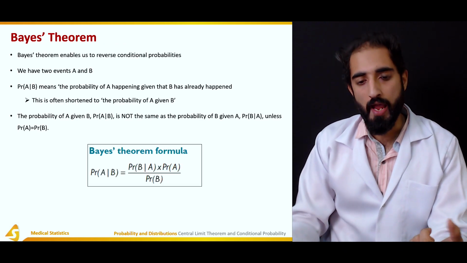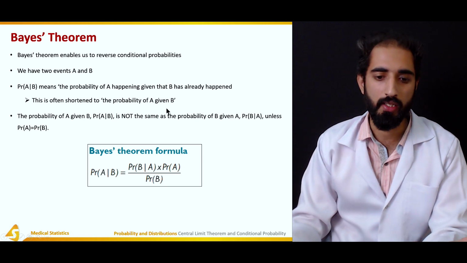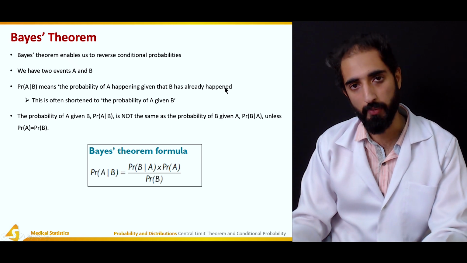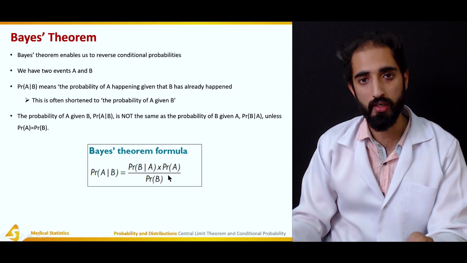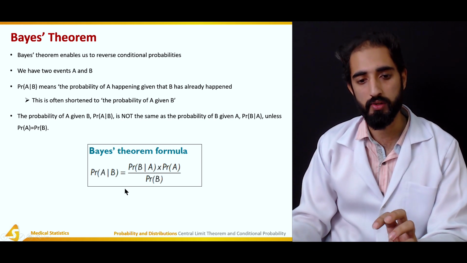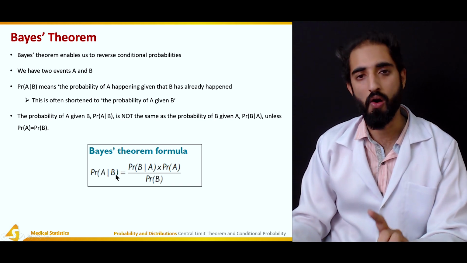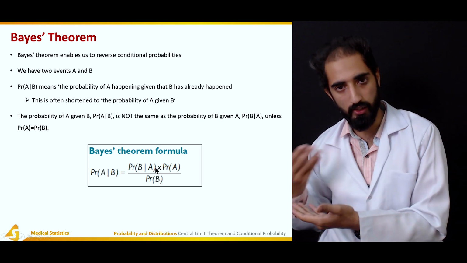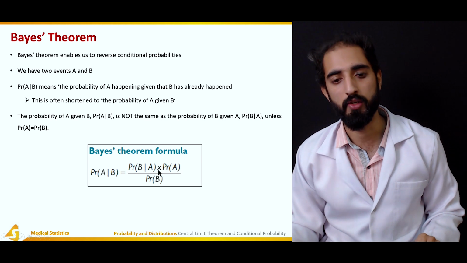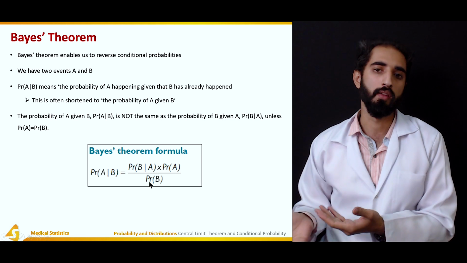Moreover, if we want to calculate the probability of A given B, which means the probability of A when B has already happened, or if we talk about that previous example, the probability of the disease to occur when the test has already been positive, we need to put in the probability of B given A, the probability of A as an individuality, and the probability of B. Probability of A means the probability of disease, and the probability of B means the probability of the test being positive.